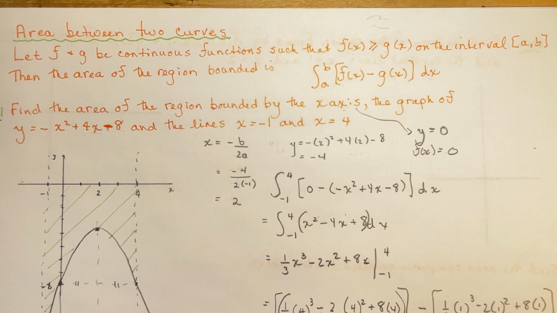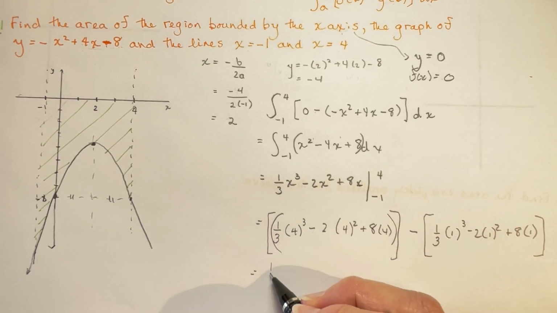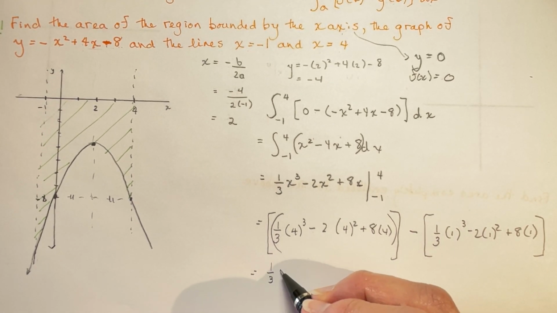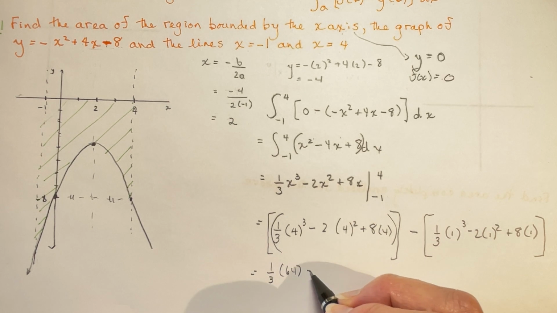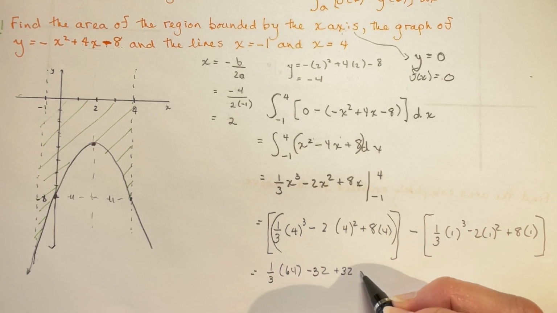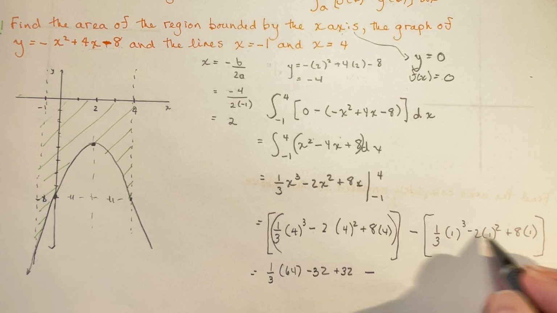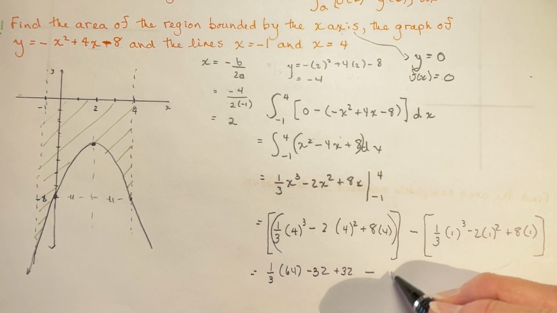So now you're just going to do the math part. Let's move this up for you. So it's going to be 1/3 times 4 cubed is 64, minus 2 times 16 is 32, plus 32. Oh, that's nice. And then I'm going to subtract, and be careful when you're subtracting because you have to get the sign here before.